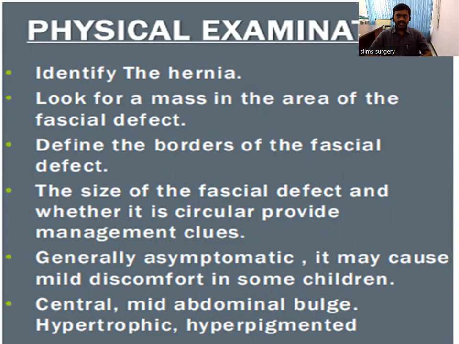Then consistency. You should check for the consistency, whether it's solid or soft or firm in consistency. Right. Then comes plane of the swelling. Plane of the swelling is nothing but from where the swelling arises. So it's arising from the skin, or the subcutaneous tissue, or the muscle, or the preperitoneum, or the peritoneum, or the retroperitoneum.